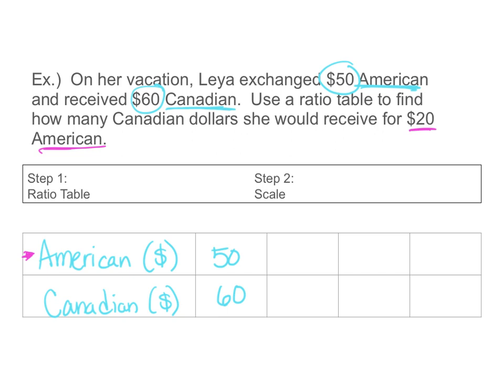So now I have to figure out how I can get from the 50 to the 20. I'm going to have to take two different steps and scale it. We know the factors of 50 are 10 times 5. There are other ones too, but this seems pretty easy.